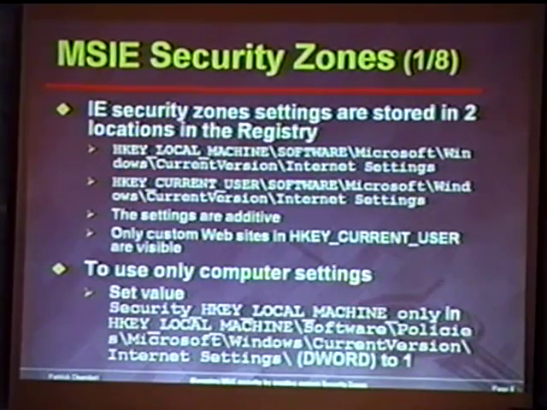And if you want to enable only computer settings for every user on the same machine, you can set this value, the value Security, in this registry key, and the current user settings are not taken into account. Only the local machine is taken into account.